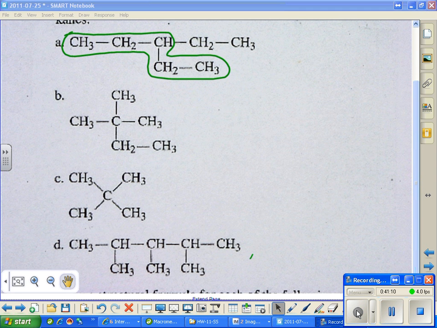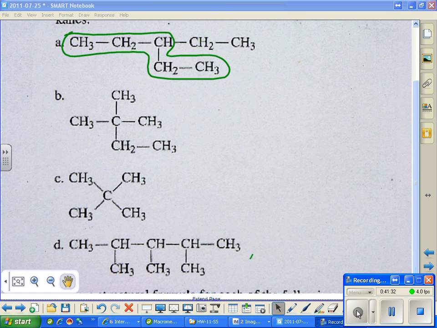And could she have circled a different chain and it still be correct? Okay, what could she have done? Straight across. Right. Okay, but she chose to do it this way, and that's just fine. I like that because it gets your mind tweaking a little bit so that you can see the longest chain is the longest chain no matter where it goes to or from.